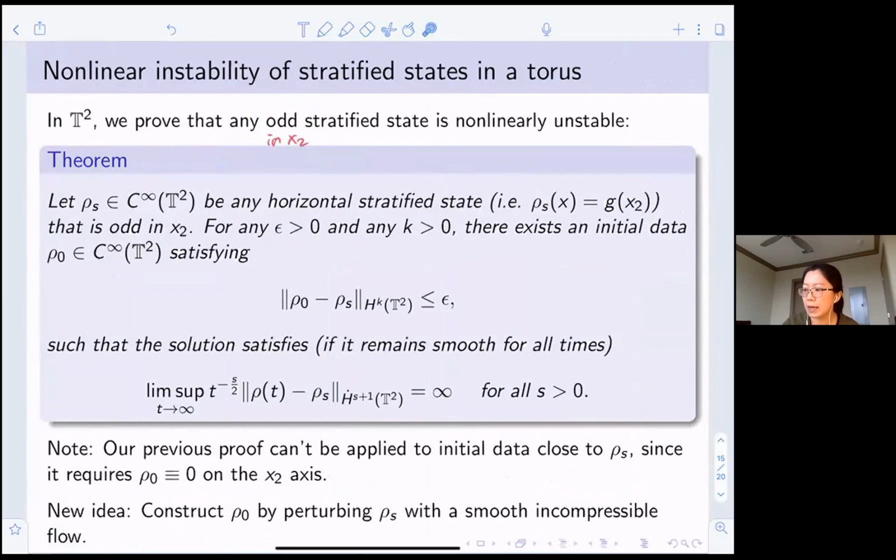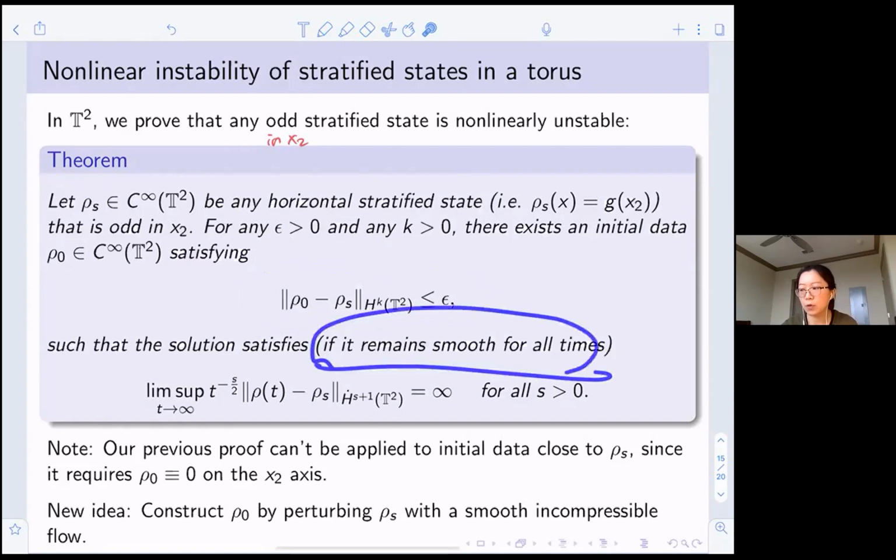Namely, let's take any horizontal stratified state that is odd in X2. Then no matter how high the Sobolev space K is, we are able to find a small perturbation that is tiny in the HK norm, such that this initial data will lead to a solution. And again, we have no idea whether there will be a blow up or not.